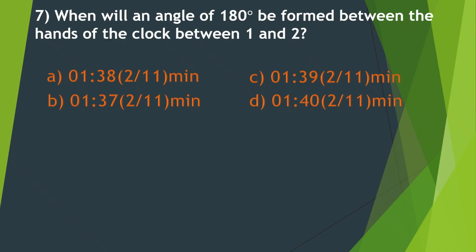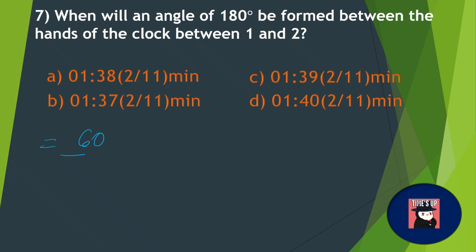Next question on your screen and your timer starts now. Here 1 and 2 is asked. So 1 is less than 6, so you need to add 6. The formula is 60 divided by 11 into time.